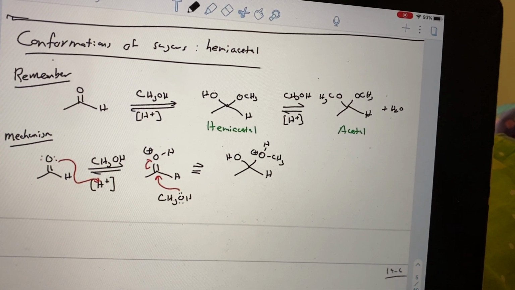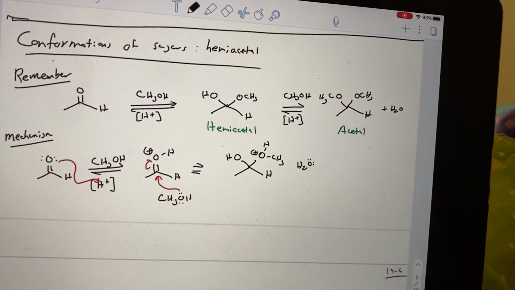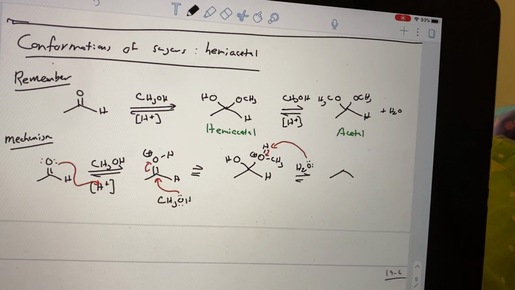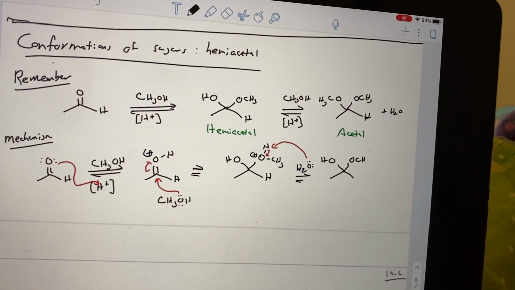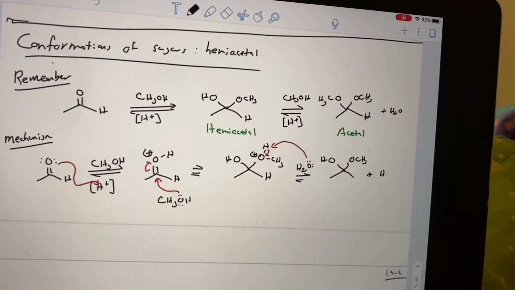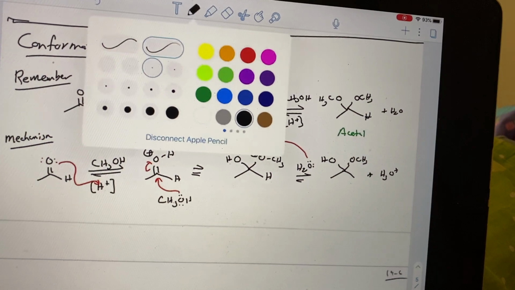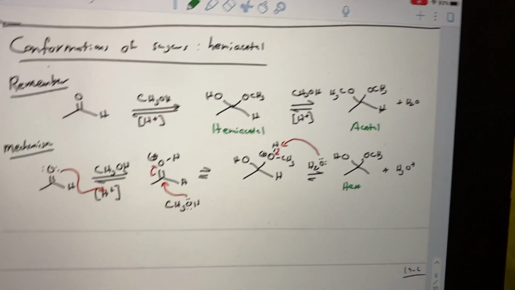And in the last step, we can regenerate our acid by deprotonating, giving OCH3 plus H3O plus. And this species here, it's going on green, is our hemiacetal.